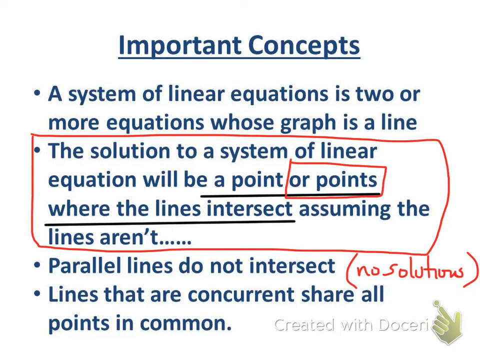So this is an all solutions kind of thing, but lines that are concurrent share all points in common. But we don't say all real numbers because the solutions aren't numbers. The solutions are points. So we'll say infinitely many points or infinitely many solutions. Okay, let's just say infinitely many solutions or points.